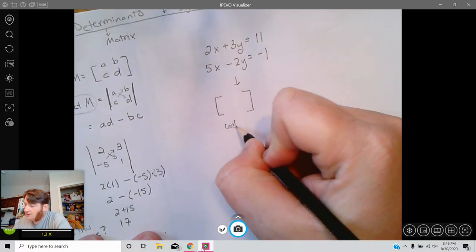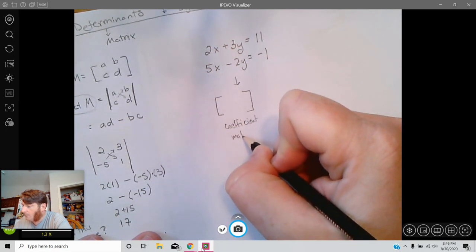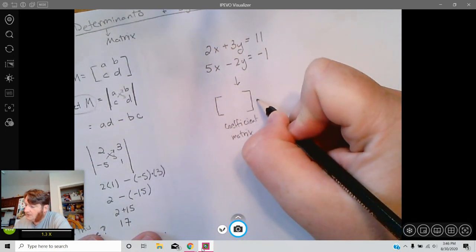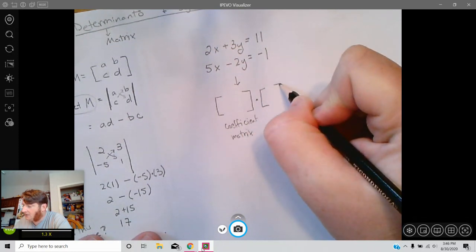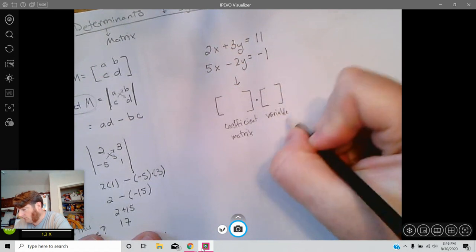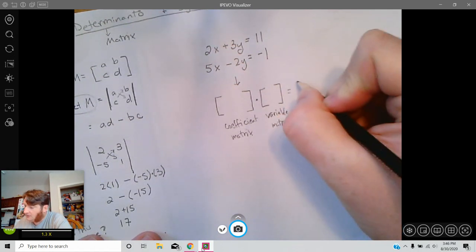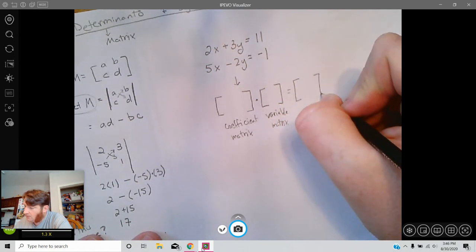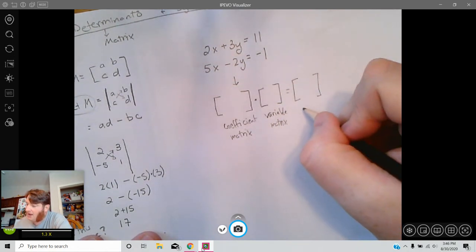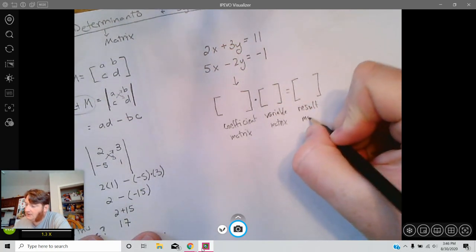So for a matrix equation, there's a coefficient matrix times a variable matrix, and that's equal to, I usually use the word result matrix here.